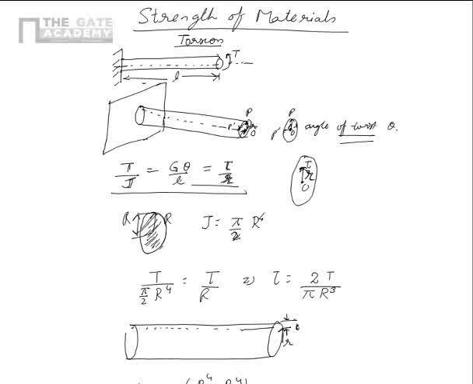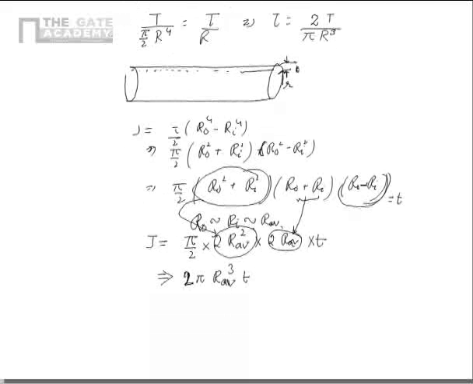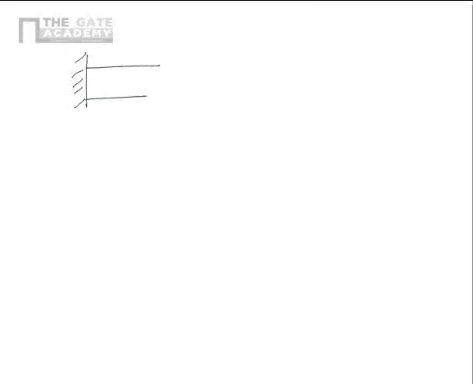Now this is a simple problem right now because we don't have any complexity in loading here. But let's see what happens if we have more complex loading conditions. Suppose I am given a bar which is sort of a step bar. So I have this kind of a bar.